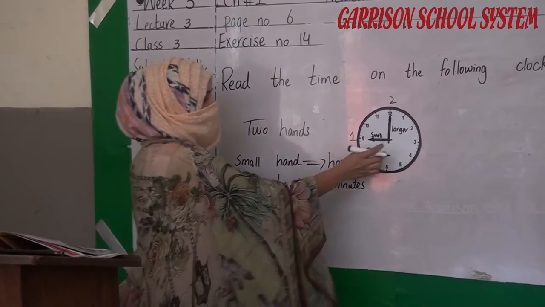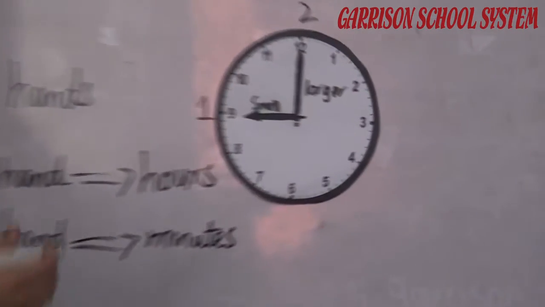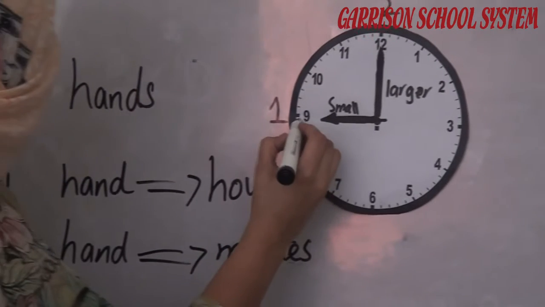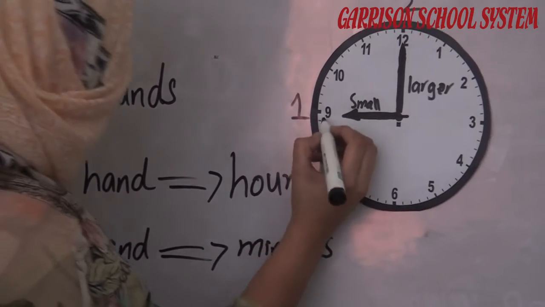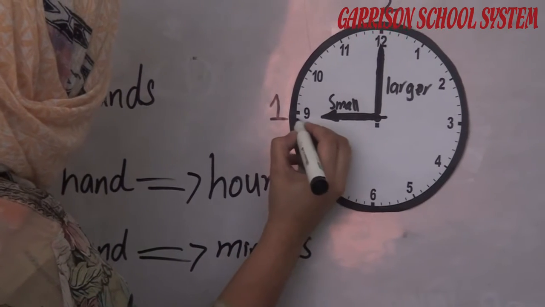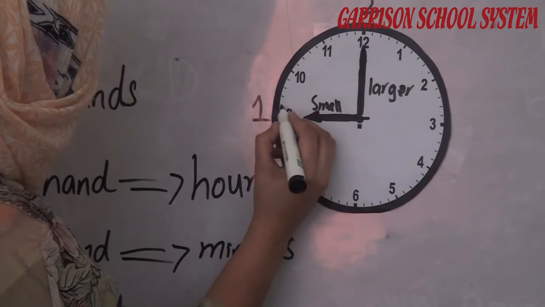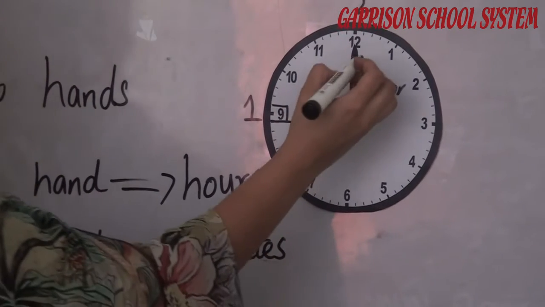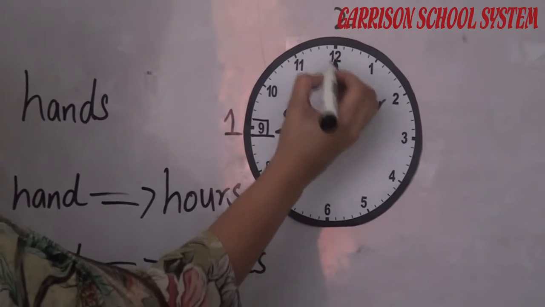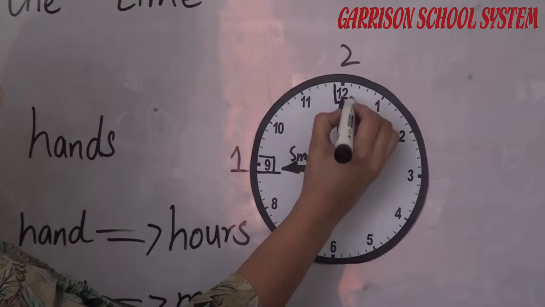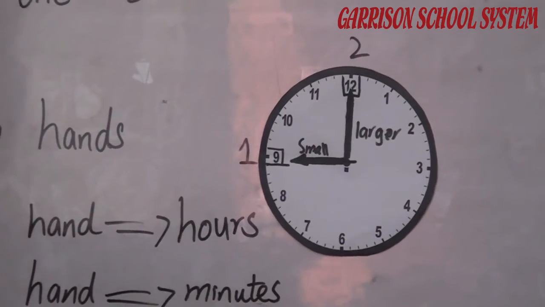For example, you can see here. The small hand is pointing to the number 9, and our larger hand is pointing to the number 12. What's the time here?